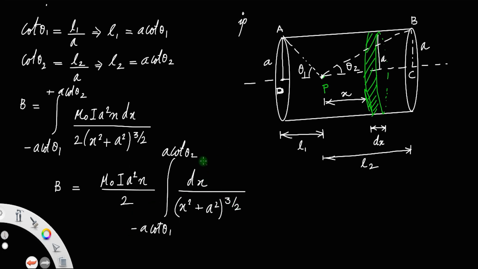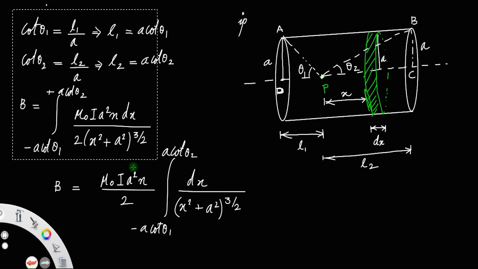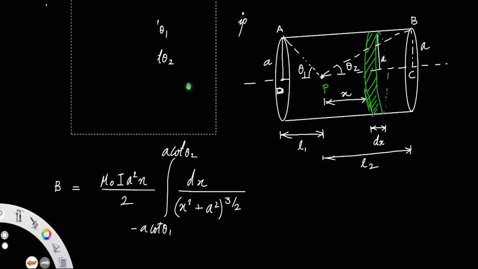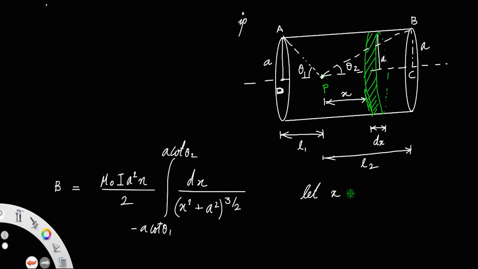Now, it will be very difficult to integrate in this form, so we have to change the variable x. For convenience, let x be equal to a tan theta.